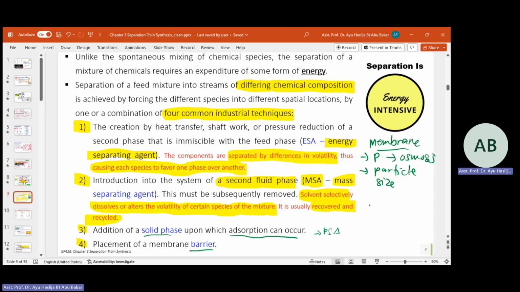Membrane works with small solid particles where there is still solute inside the solution. So for membrane, if you have ethanol and water liquid solution, it is not possible to use the membrane.